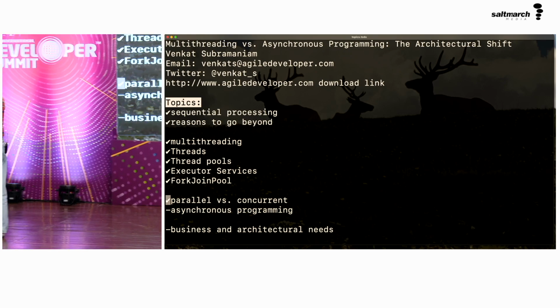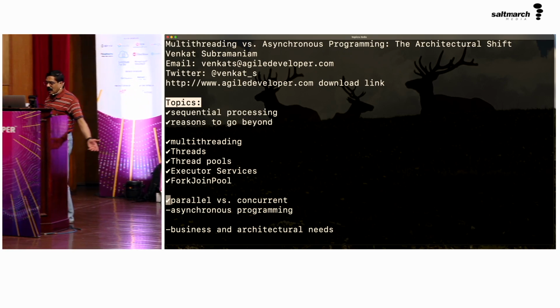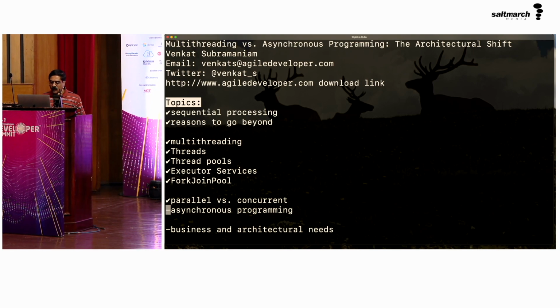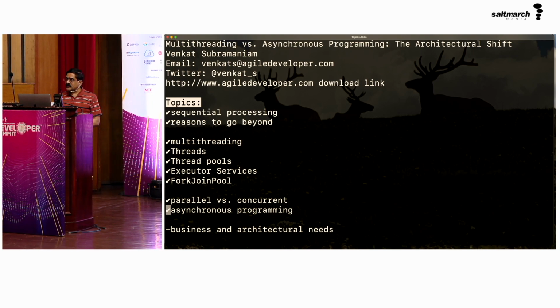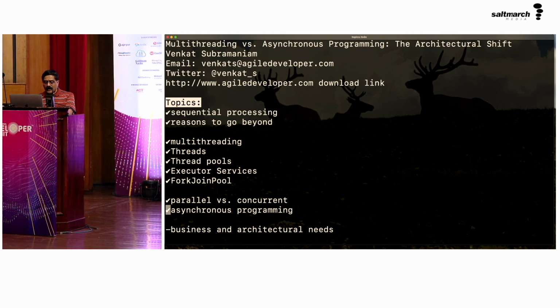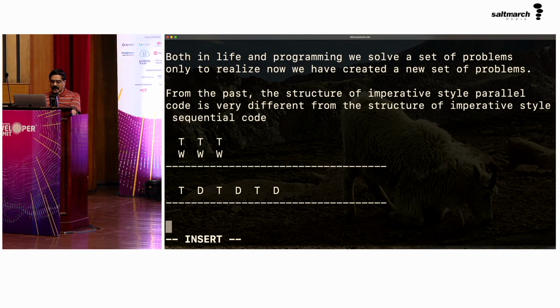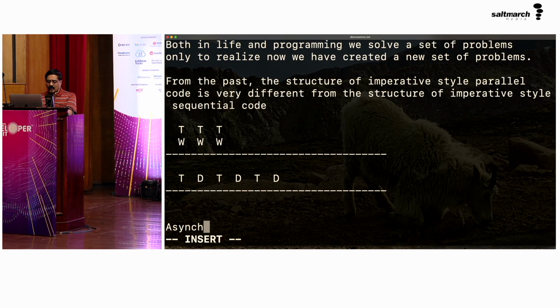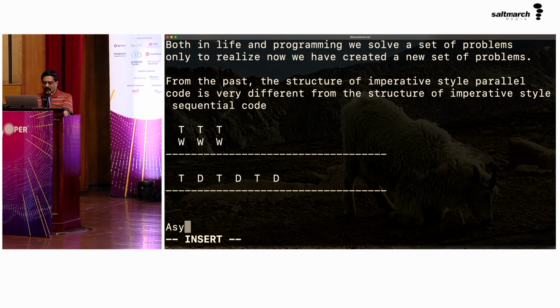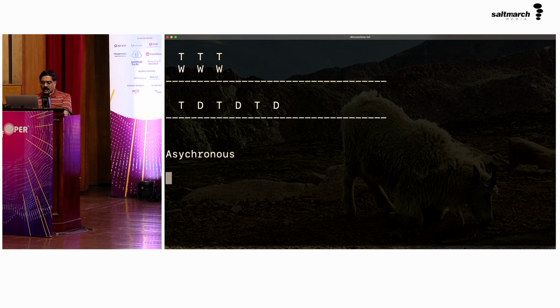We've been doing concurrent and parallel for a long time, but now of late we are thinking more about asynchronous programming. So what does it really mean to be asynchronous? Asynchronous programming is taking more importance. It means non-blocking calls.